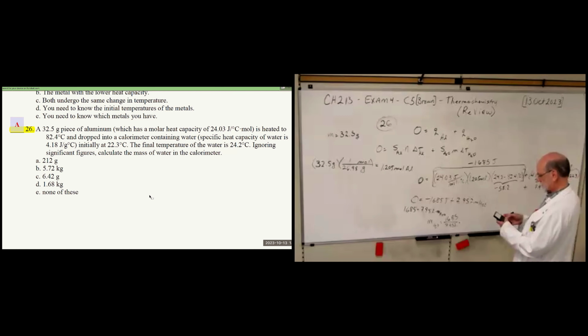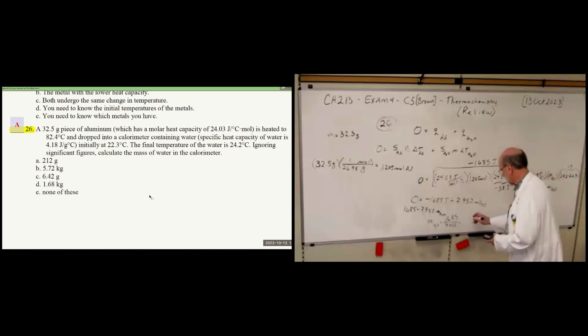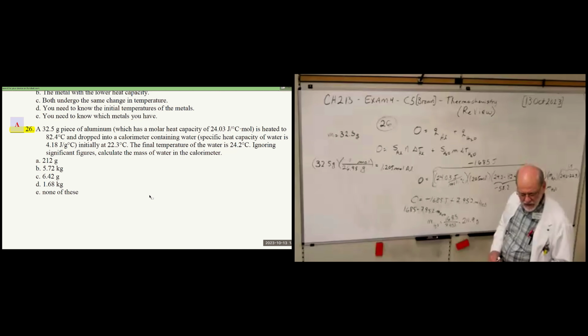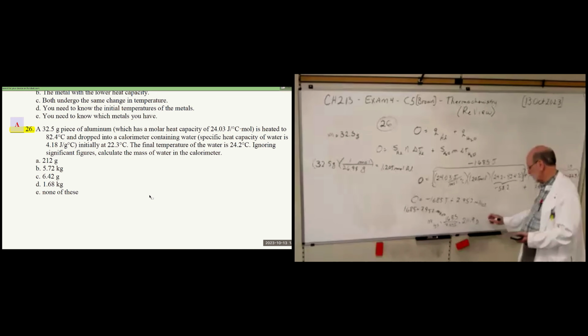I get, let's see, how many significant figures do I have? 4? 21.19. No, 211.9 grams. Rounded off, they're only using 3 significant figures, so it's 212.